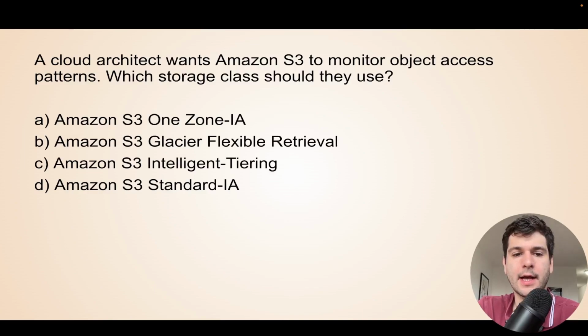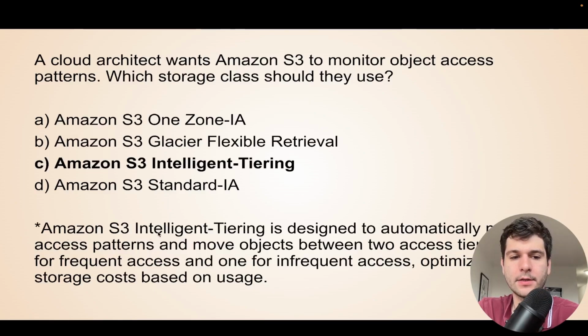A cloud architect wants Amazon S3 to monitor object access patterns. Which storage class should they use? Wants to monitor object access patterns. So if you want to monitor object access patterns, you'd want to use Amazon S3 Intelligent-Tiering. And here's a description of what Intelligent-Tiering is.